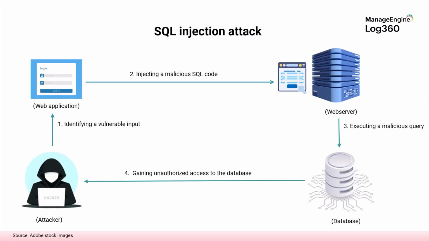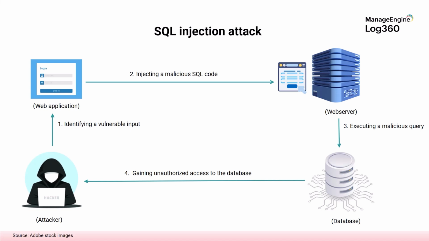Now let's explore how a SQL injection attack is carried out. Attackers begin a SQL injection attack by identifying vulnerable inputs in a web application that communicates with a database. These inputs could include form fields, search boxes, URL parameters, or other mechanisms that accept user input.